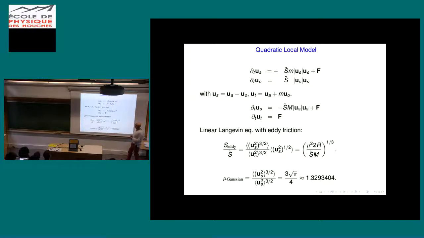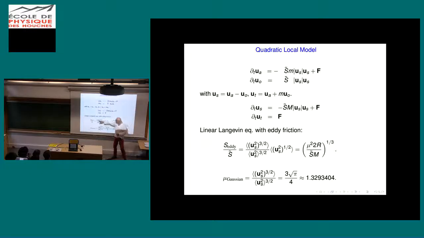Then I wanted to see if I can reduce this more complex model to the simpler model, the linear model, by introducing an eddy viscosity. The eddy viscosity can be calculated explicitly.